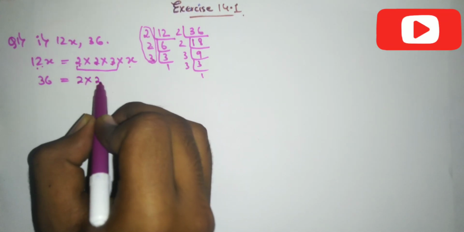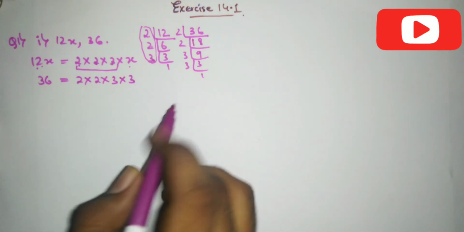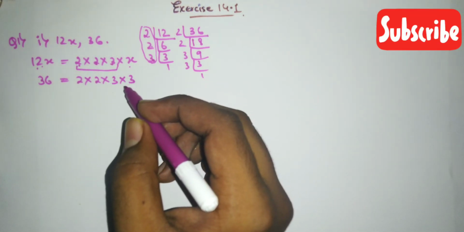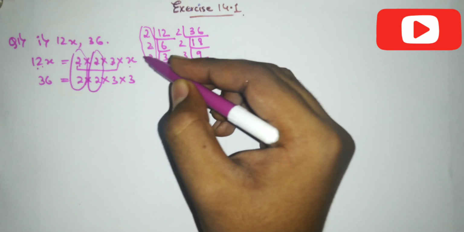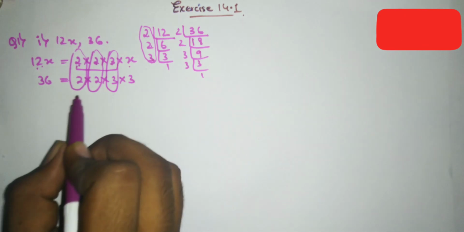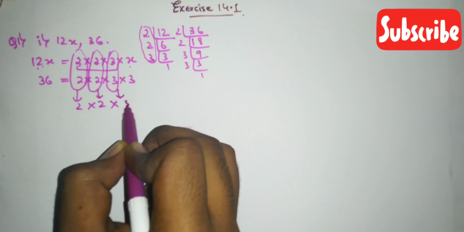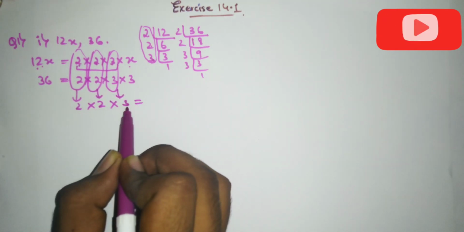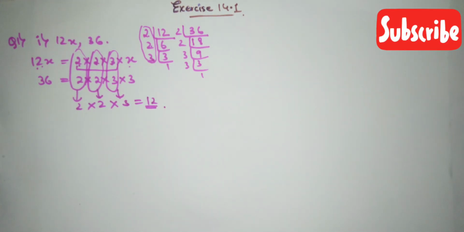Now find the common factors. 2 is a common factor, another 2 is common, and 3 is also common. Nothing else. So I get 2 into 2 into 3, which is 12. The common factor between 12x and 36 is 12.